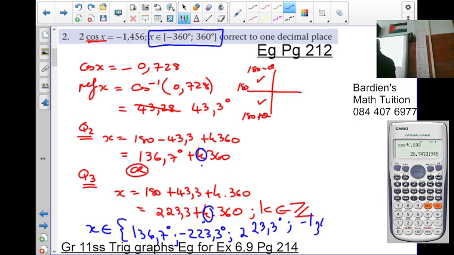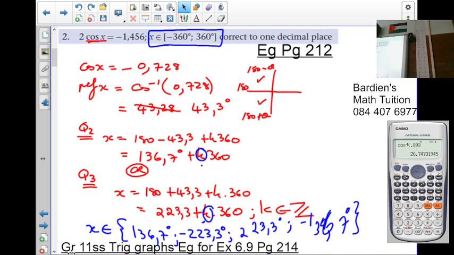Negative 136.7 degrees. You're going to put minus 2 in, it will also be outside. Okay. Any confusion there, people?